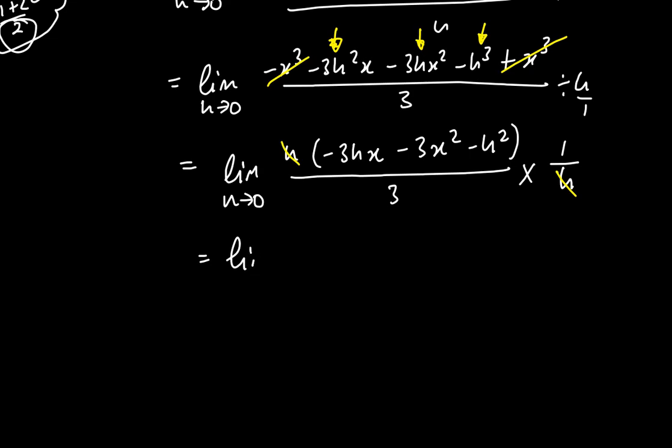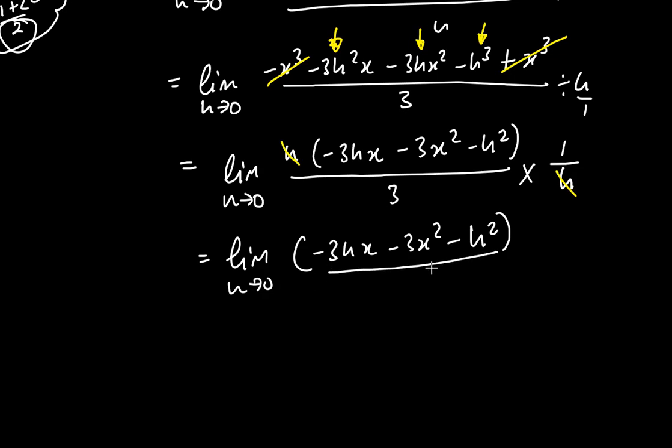The lim as h approaches 0 of negative 3hx minus 3x squared minus h squared. All of that would be divided by 3. Okay, all of that will be divided by 3. But now, because h is no longer a denominator, we can substitute h as 0.